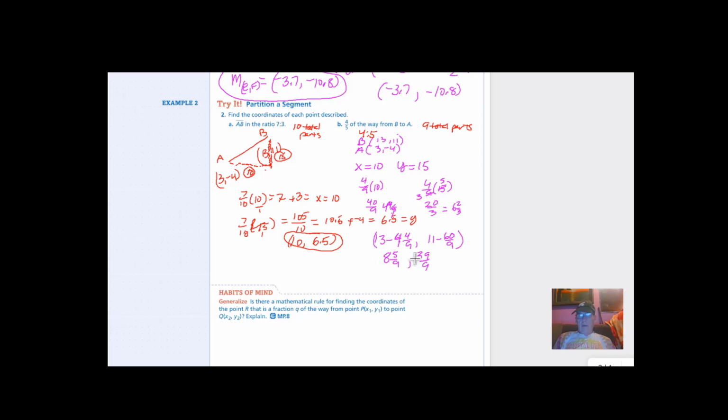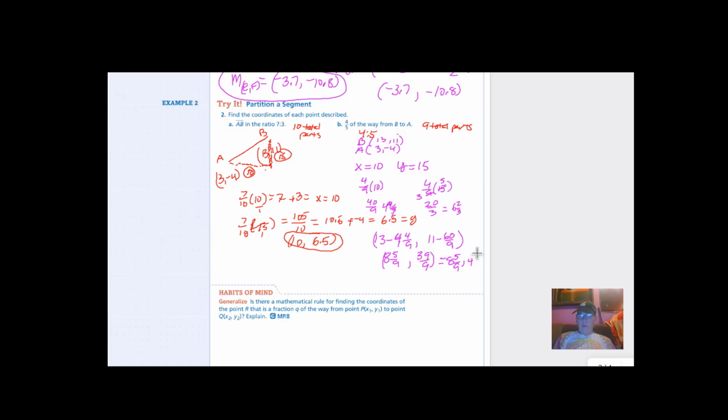So we have 8 and 5/9 and 39/9. Here we have one in improper fraction, one in mixed numbers. Let's do it both ways. So the mixed number way for this one would be 8 and 5/9. And 9 goes into 39 4 times, with 3 left over. 36 and 3 makes 39.